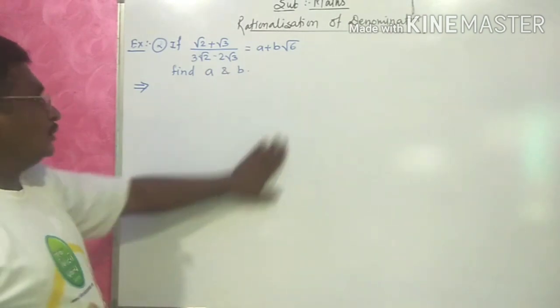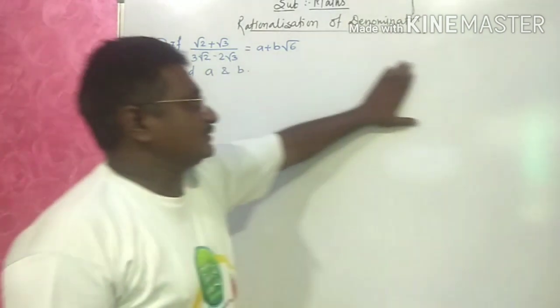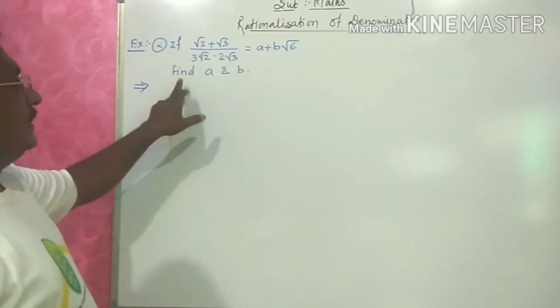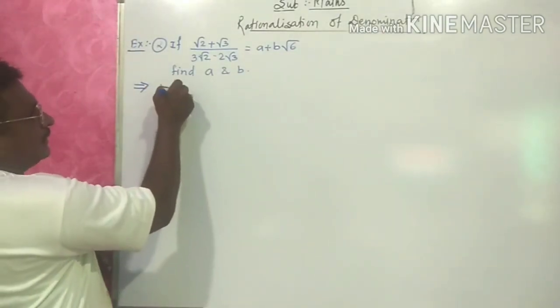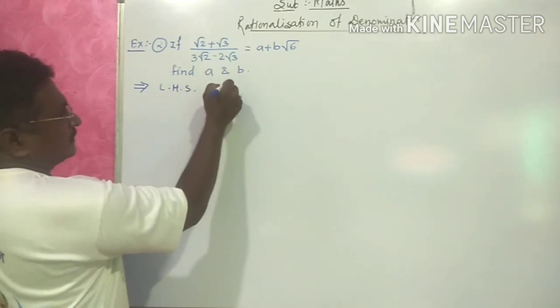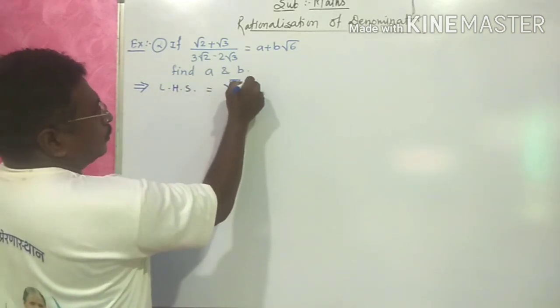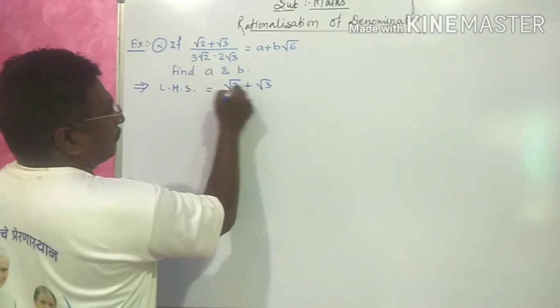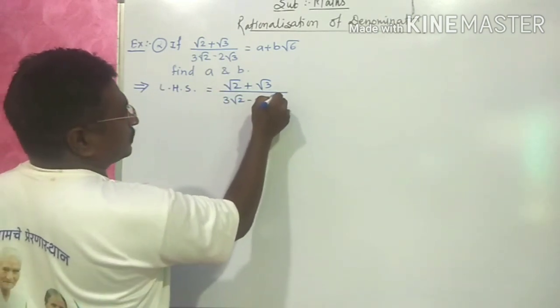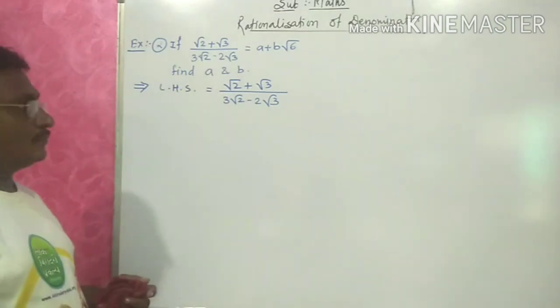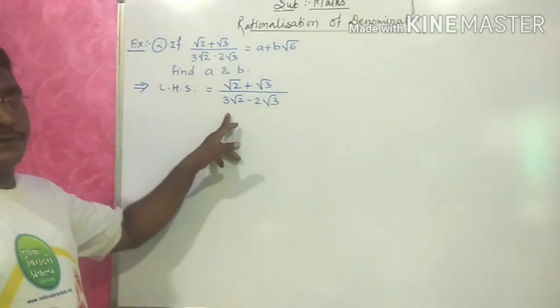Understood, student? So how to use rationalization here? We have to find a and b. For that purpose, we have to consider the left hand side. What is the left hand side? Root 2 plus root 3 by 3 root 2 minus 2 root 3. Now check the denominator.